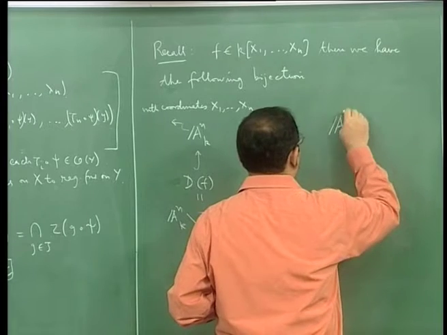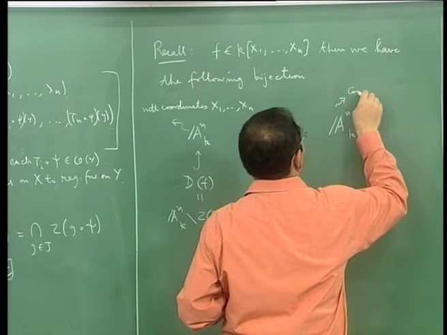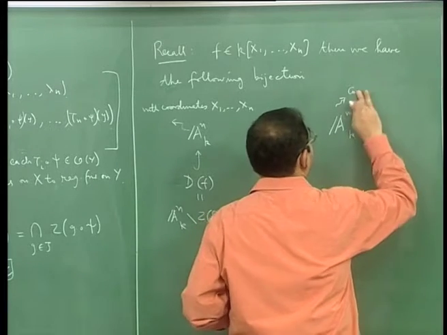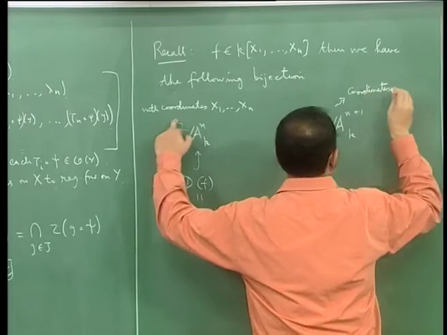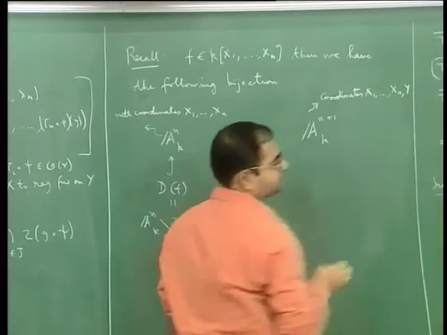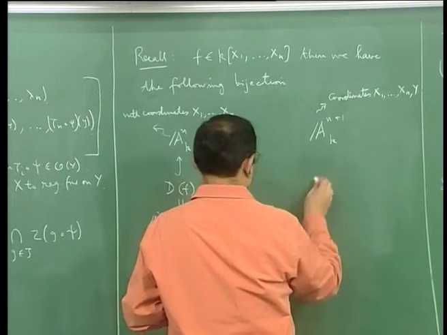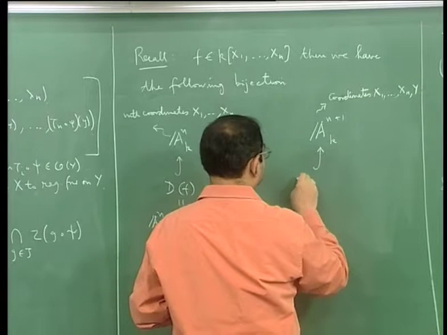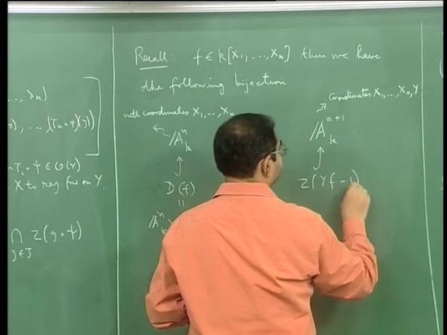That comes about by taking A^(n+1) of k with coordinates the same x1 through xn, but I add an extra coordinate y. Okay, and what I do is, well, I look at the zero set of yf minus 1.